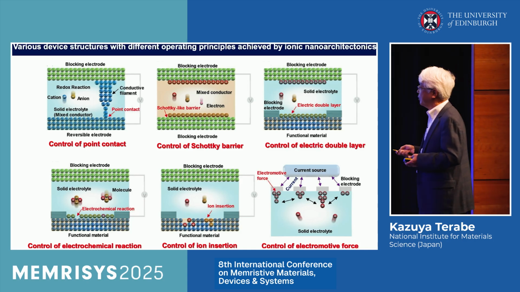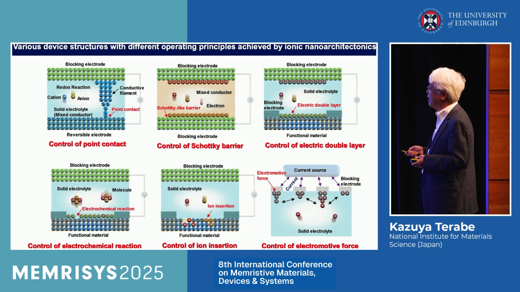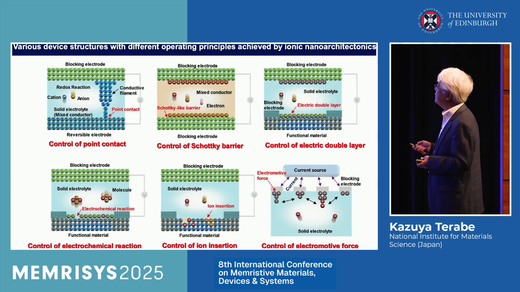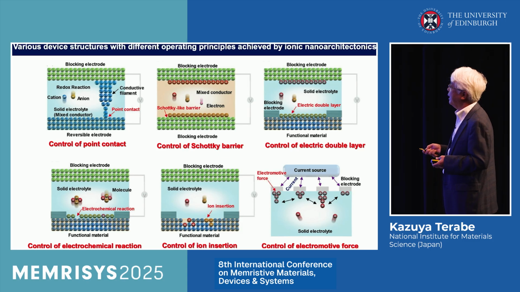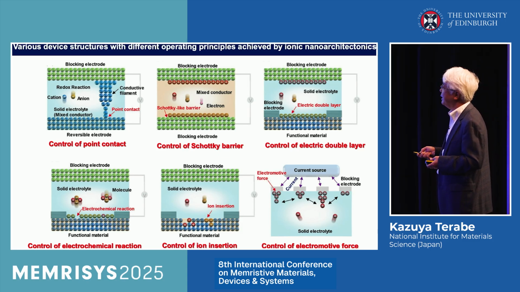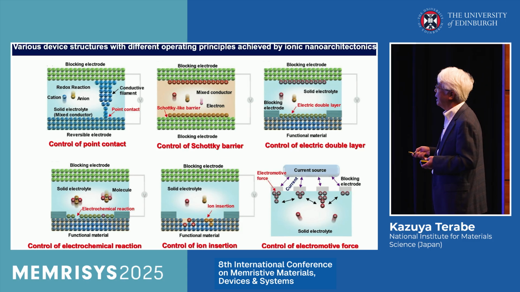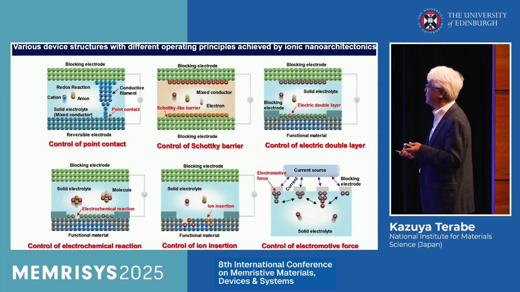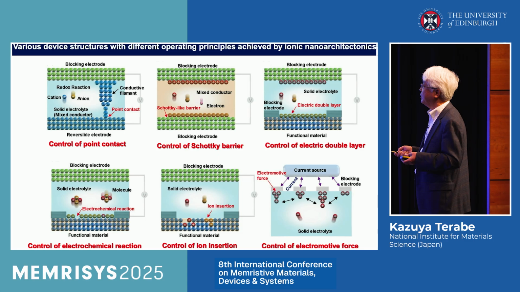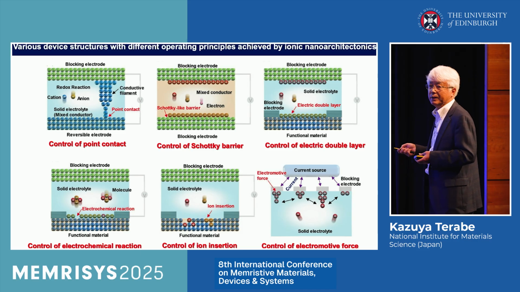And this is the control of the electrochemical reaction. By applying voltage, ions migrate and generate an electrochemical reaction at the interface, so surface atoms are removed or adsorbed, controlling the electrochemical reaction at the interface.